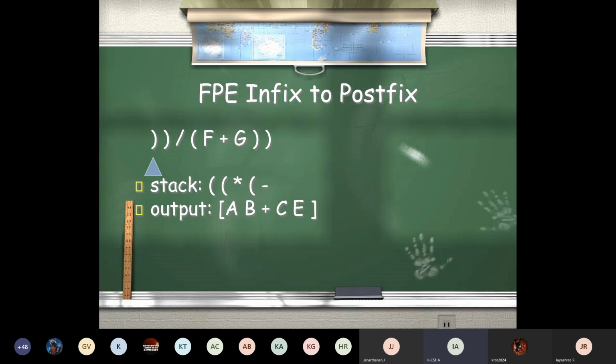The open bracket will be the matching open bracket for this closing bracket. So since you are having only one minus, you pop that minus and place it into your output, and just pop off the open bracket, leave that open bracket.